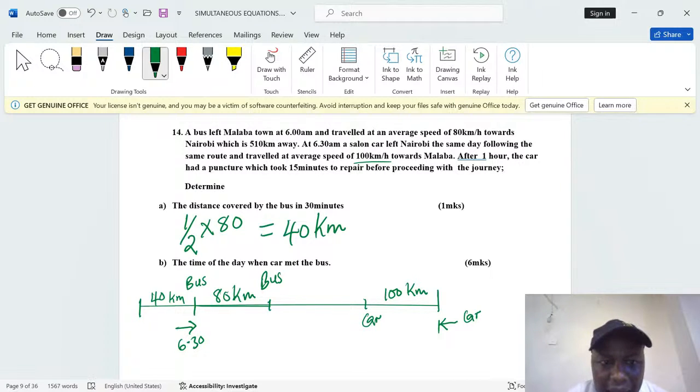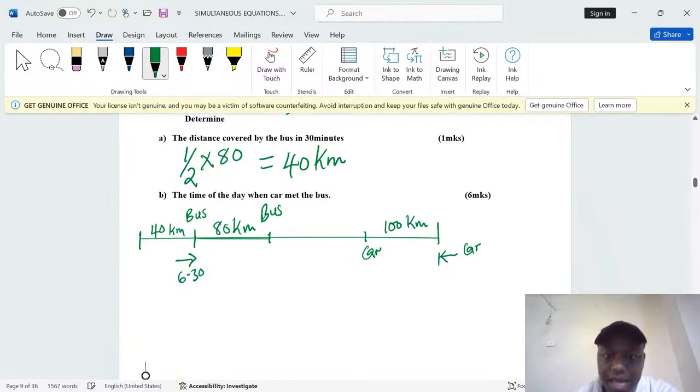now the car had a puncture at that time, which took 15 minutes to repair. This is to mean that within 15 minutes to repair the puncture, the bus is already covering some distance.